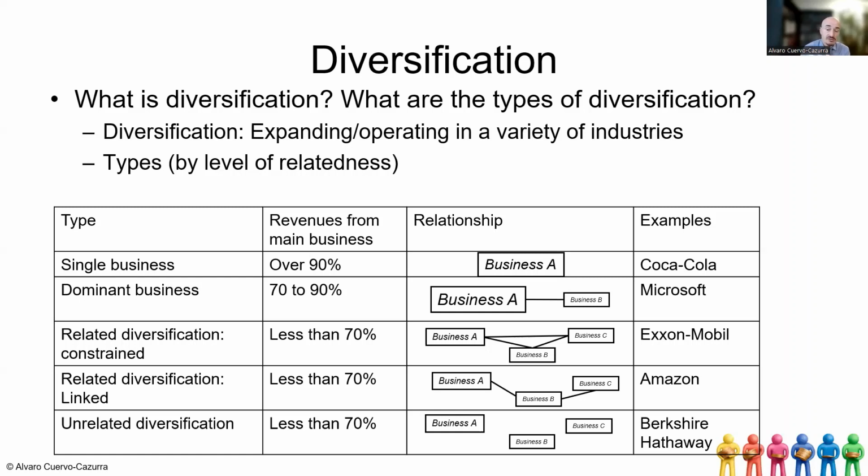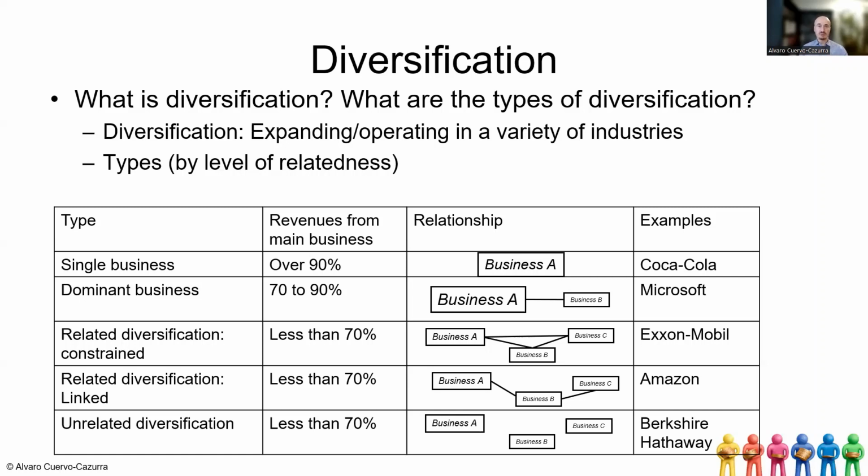Some examples: Coca-Cola, Microsoft, ExxonMobil, Amazon, Berkshire Hathaway. To some extent, they represent the notion that I am identified, most of my effort is in one single business or industry, or the majority of my revenues, effort, image, reputation is coming from it, but I have other activities in other industries too.